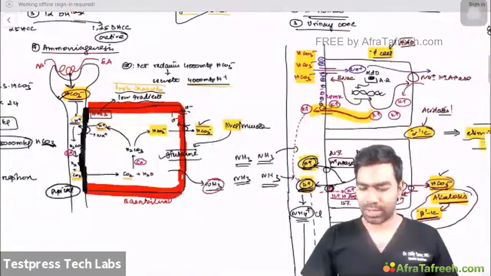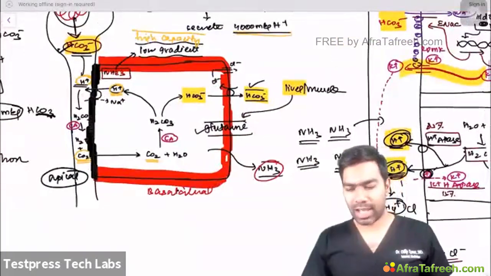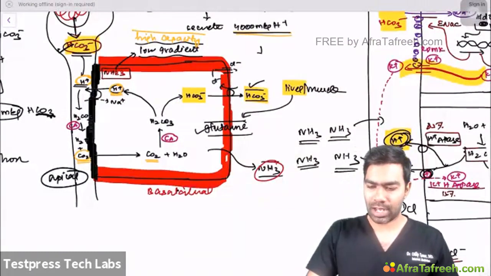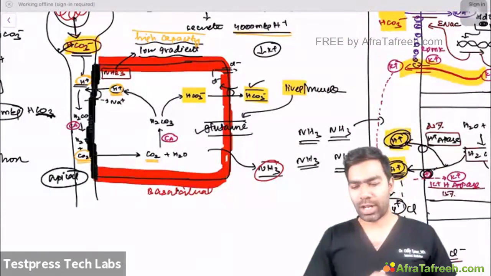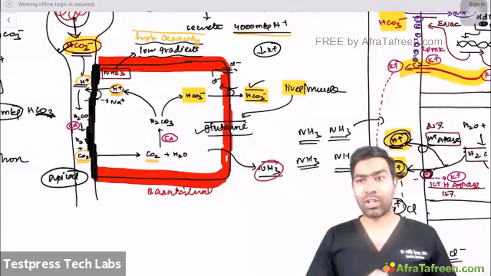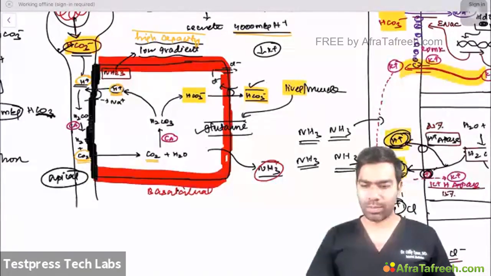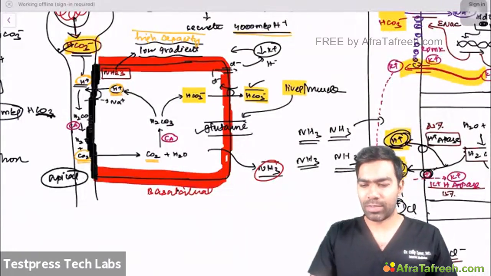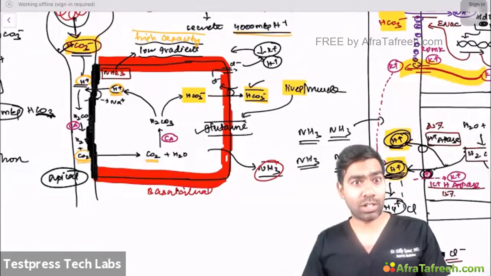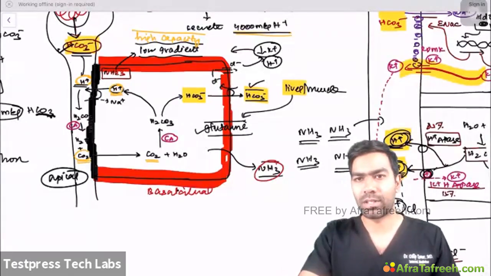Whenever there is a very low potassium, that will induce something called an intracellular acidosis, because potassium and H+ are in constant equilibrium with each other.